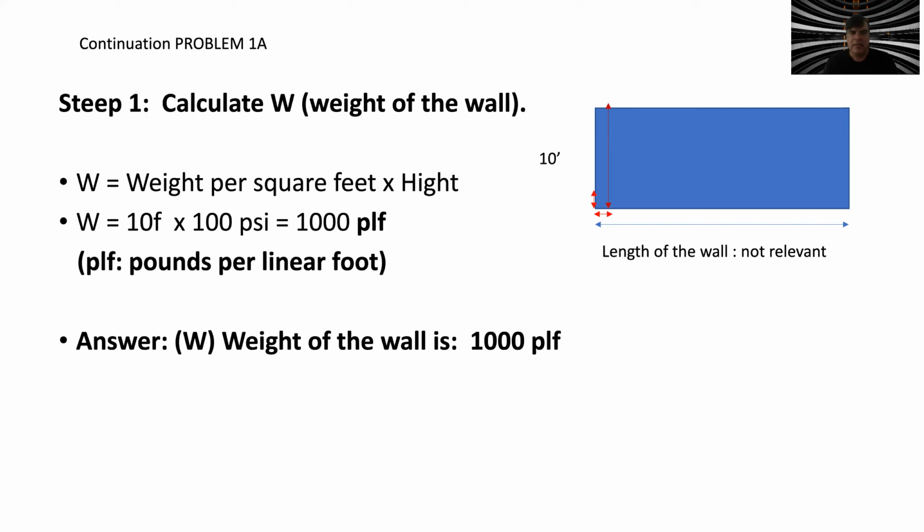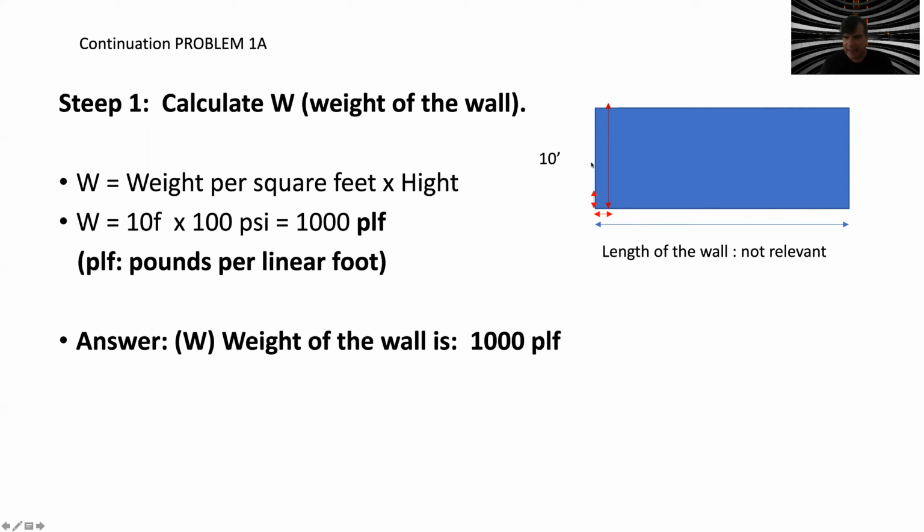And the weight of a wall of this type with this thickness is 100 pounds per every foot, obviously. Well, you can look here, the small arrow is only 1 foot long. It doesn't matter how long the wall is, as I explained. We calculate what happens in 1 foot.